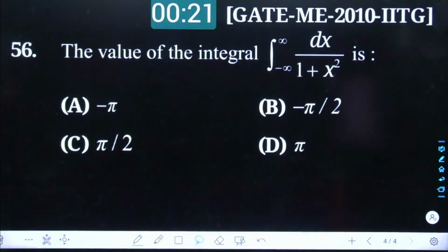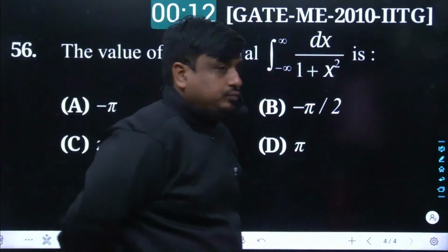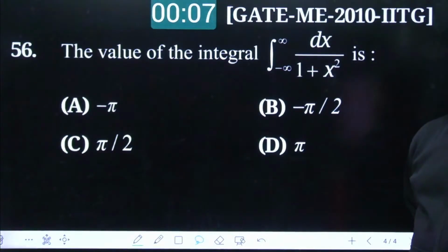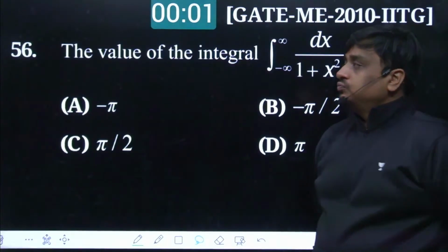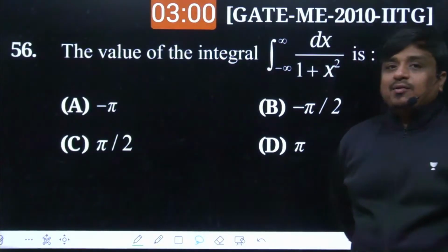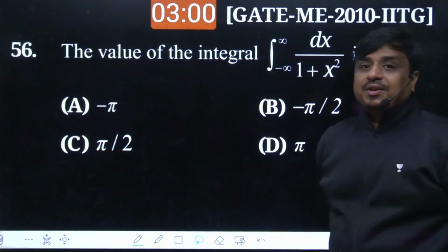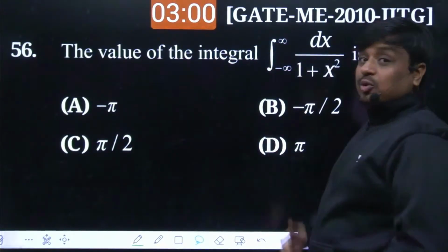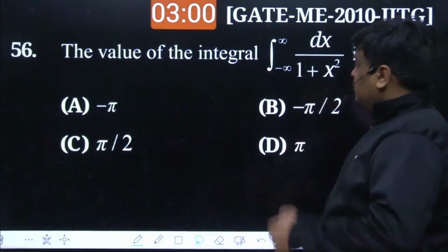Tell me what must be the best answer for this given question. Anyways, this is a problem of a convergent integration, because it is a form of improper definite integral, because its lower limit starts from minus infinity and reaches plus infinity.